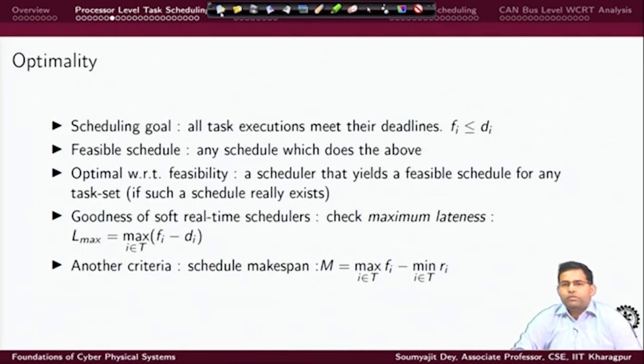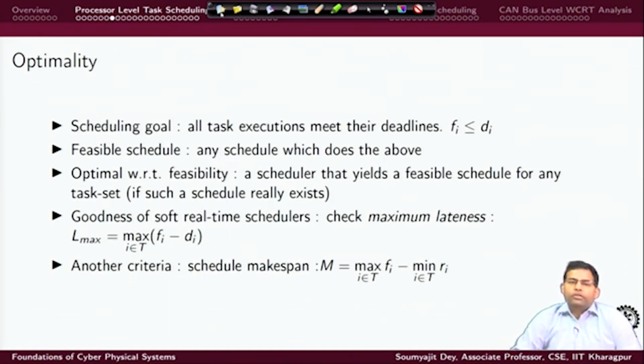It is optimal with respect to the feasibility condition. As long as a schedule is feasible, if I can give a guarantee that my scheduling algorithm is going to discover it and output it, I will say that this is my optimal algorithm. But it is not optimal with respect to time or throughput, it is optimal with respect to feasibility.